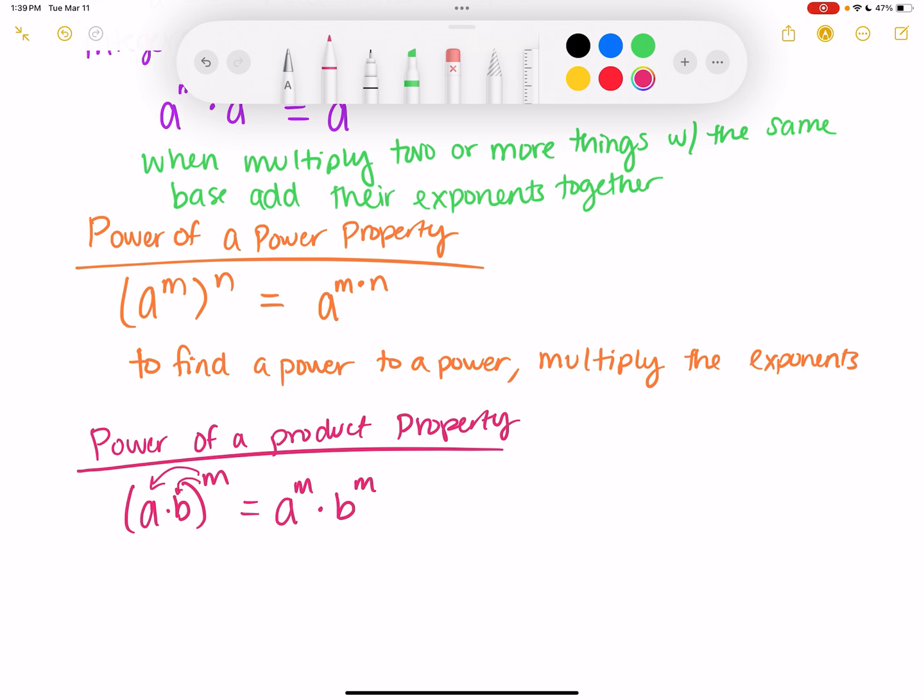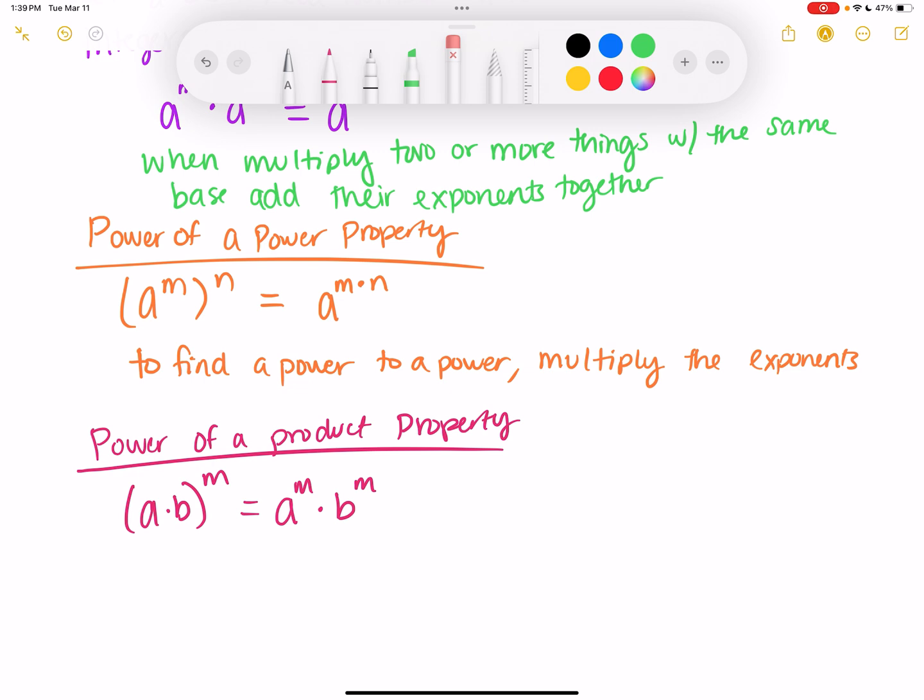So this power almost gets distributed onto both of these things. You can think about it like distribution. I don't necessarily like to word it that way because people then start trying to distribute the numbers and do m times a when it's actually a to the m and b to the m. So this is just a modification of the previous one for when there are multiple things in here.